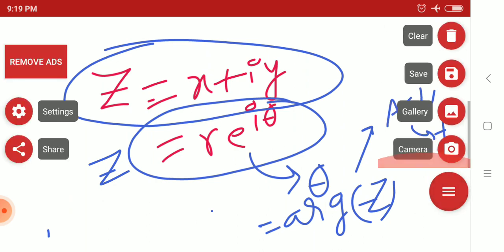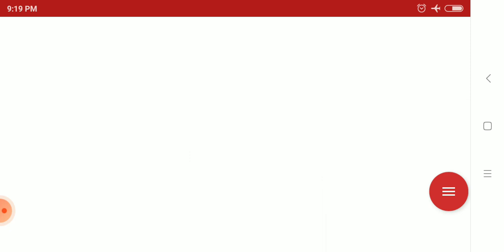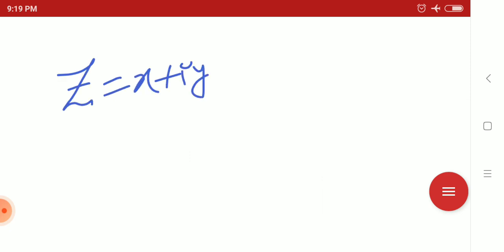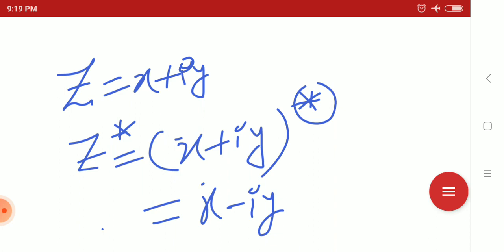Now we have to know what a complex conjugate of a complex number is. Whenever we write z equals x plus iota y and take the complex conjugate, z star, the image with respect to the x axis, it will be x minus iota y.